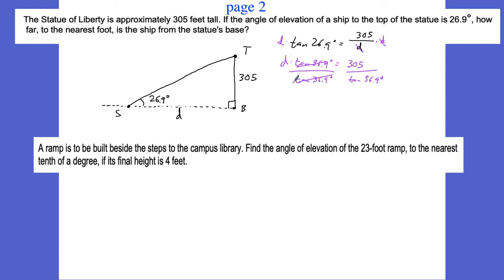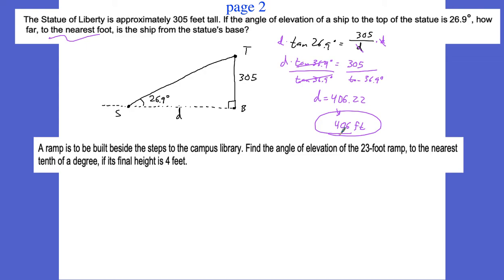I put 305 divided by the tangent of 36.9 degrees in my calculator, and we get 406.2, and to the nearest foot, D equals 406.22, but to the nearest foot, we can say 406 feet away.